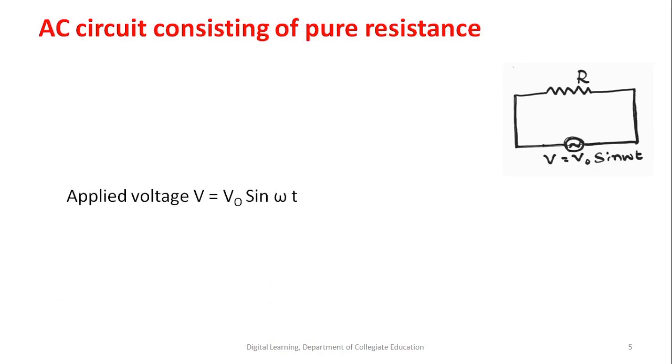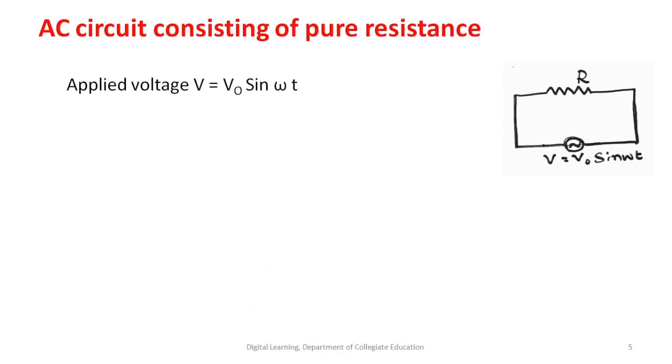Consider a circuit in which an AC voltage is applied to a resistor. Then the applied voltage is represented as V is equal to V naught sine omega t.